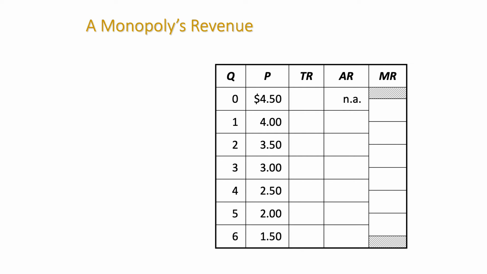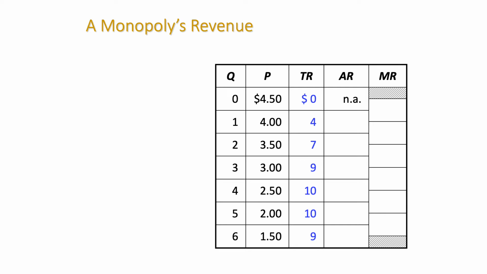We have a series of prices that clearly follow the law of demand. As the price goes down, the quantity demanded goes up. To calculate total revenue, we just do the price times quantity. So let's fill in that column here. And so we notice that the total revenue initially is at 0, increases up to the point of price of $2.50 and $2, maximizes there, and then starts to decrease.